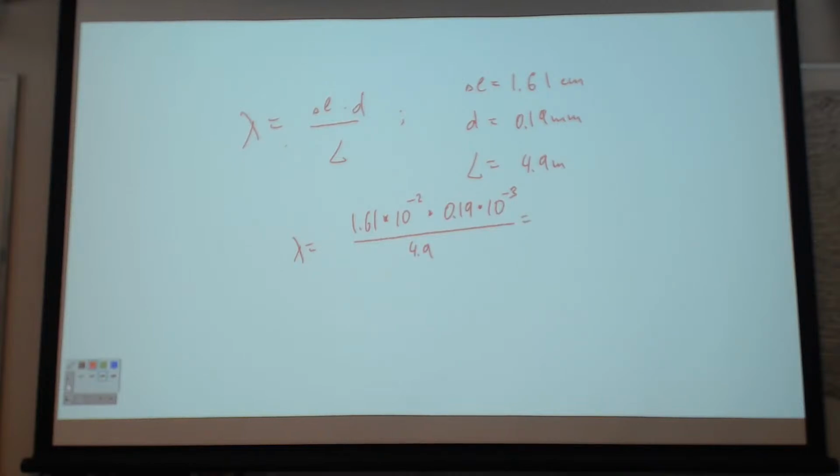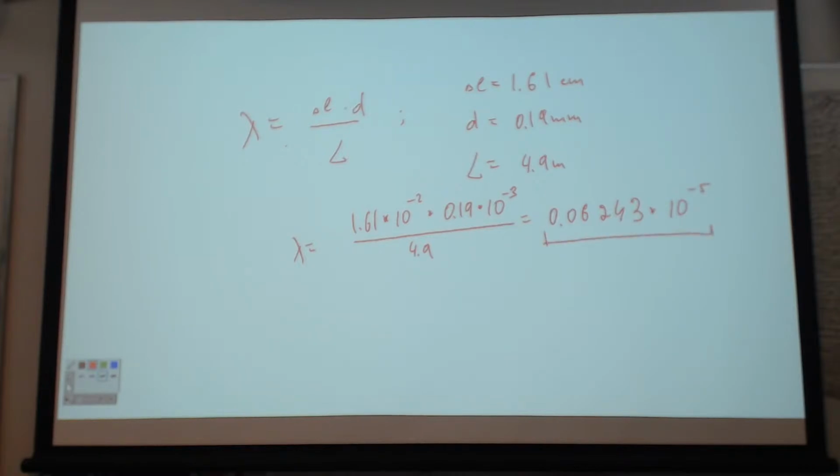In that case, I'm going to use powers and see if it gives a different number. 1.61 times 0.19 divided by 4.9 equals 6.243 times 10 to the negative.